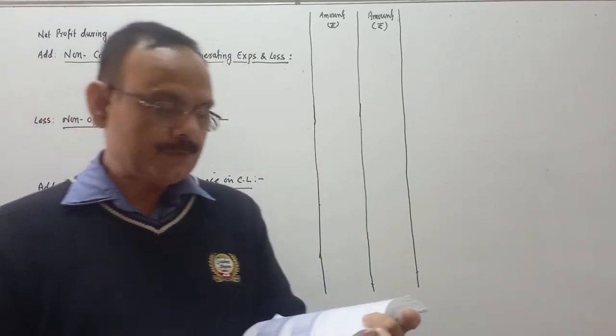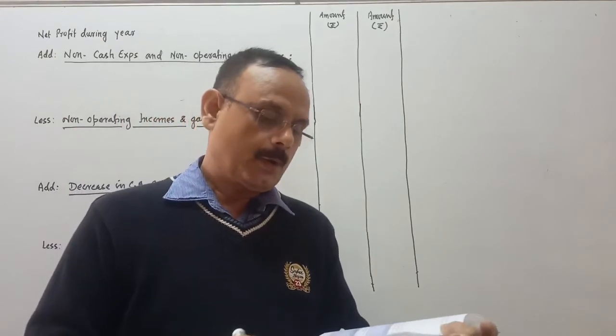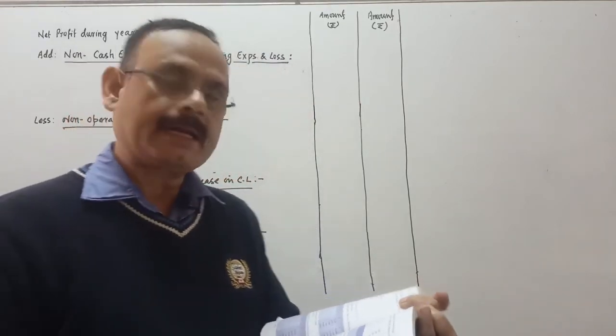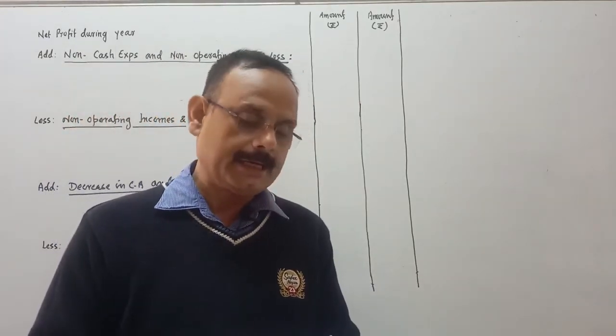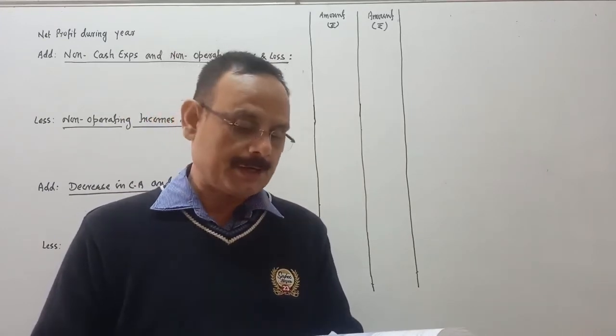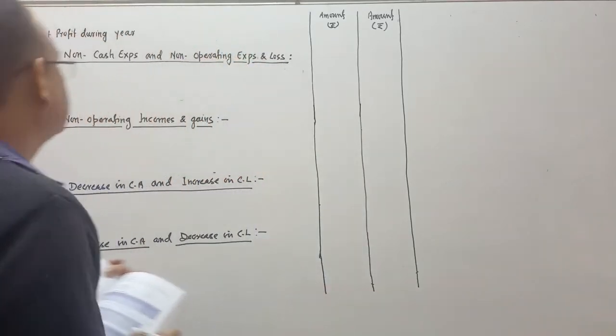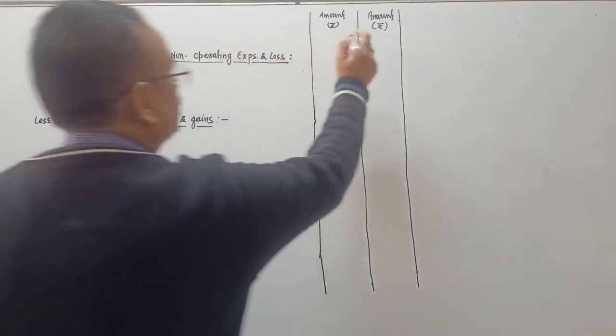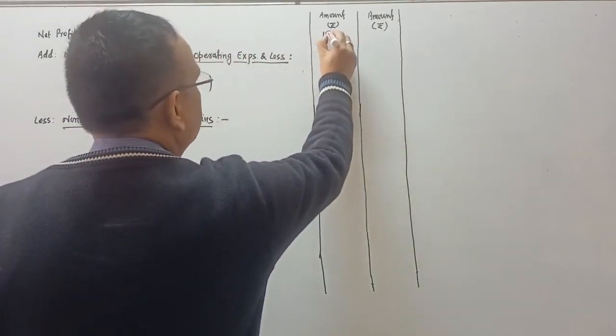Okay, so start with the net profit. 1,25,000 is given at the top. Ramesh and company indicate a profit of rupees 1,25,000 after considering this. So net profit for the year is 1,25,000.